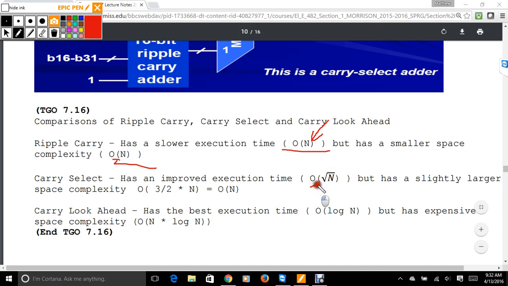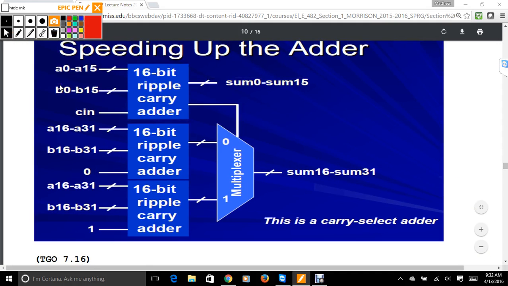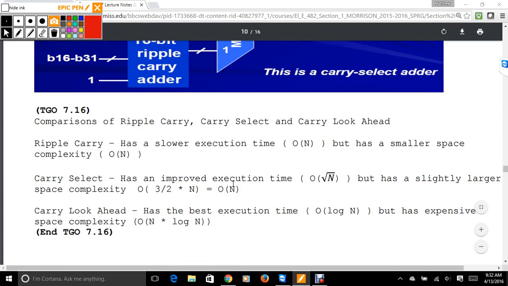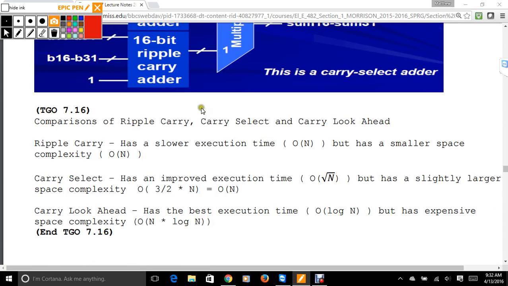Carry select is the square root of n because you go back up here, you're doing the calculations together, so you're reducing it, and then you use this one last output. So instead of having to do these next 16 calculations and wait on it, you're just cutting it in half. It has a slightly larger space complexity because you have to make another 16 bits.